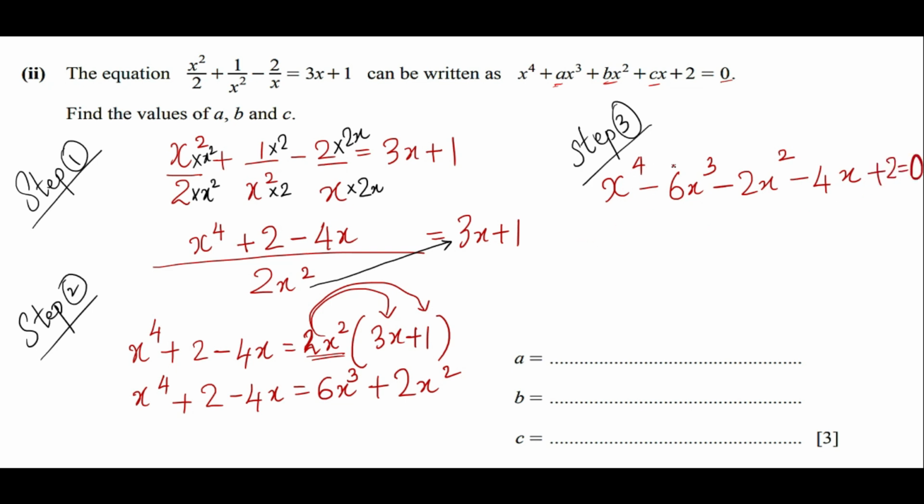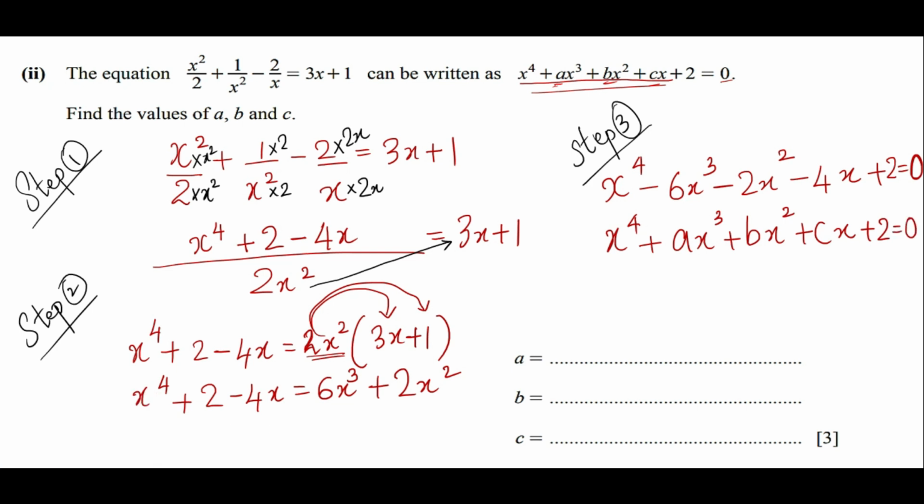So I have followed the order where I have the highest power of x, then the next, so it's a decreasing order. Why? Because it's the same way which is given in the question. Now let's compare it with this: plus ax cubed plus bx squared plus cx plus 2 equal to 0.